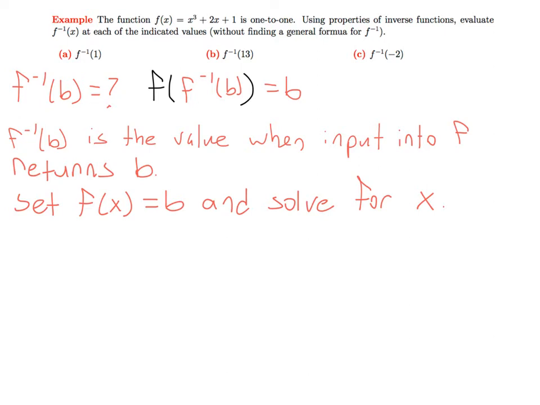Great, so in part A, the question is, what is the inverse of f when I evaluate it at 1? Using the observation above, this is the same thing as setting f of x equal to 1 and solving for x.